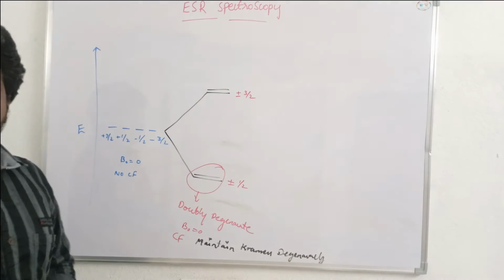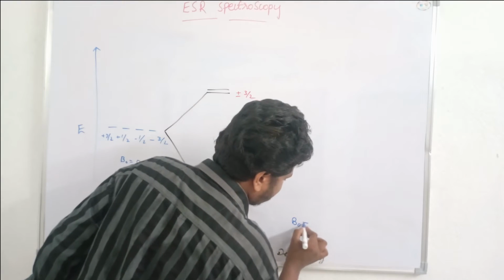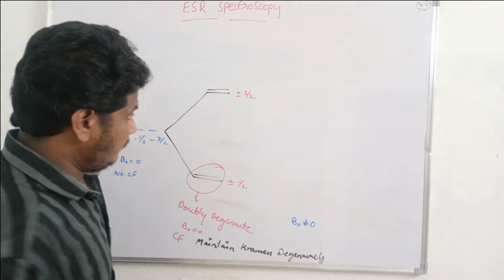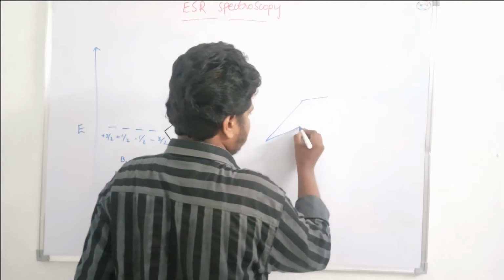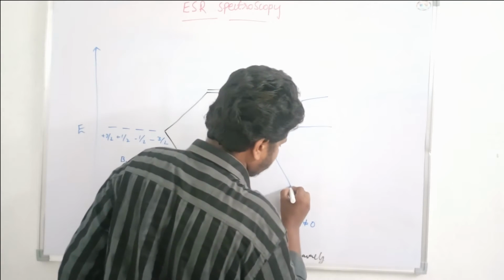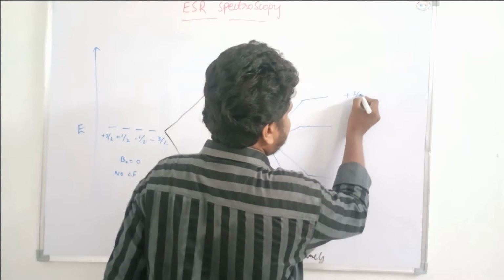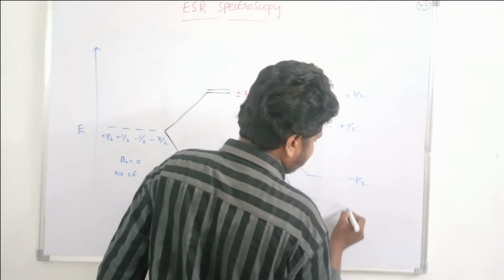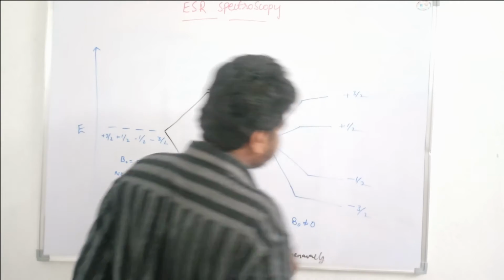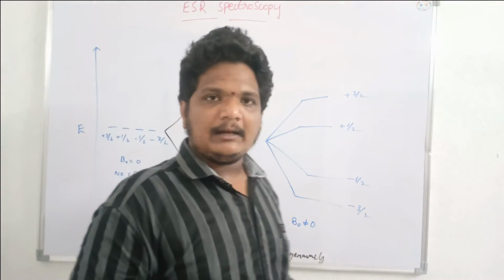Now, in the presence of a magnetic field, it means B naught is not equal to 0, they are split into four energy levels: plus 3/2, plus 1/2, minus 1/2, and minus 3/2. So these are the four energy levels in the presence of an external magnetic field.